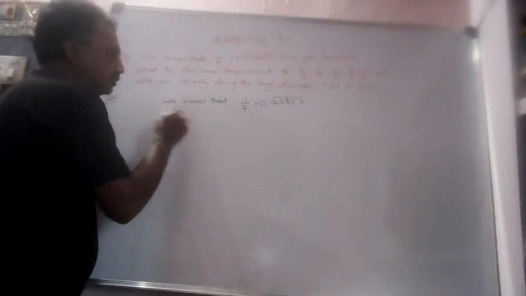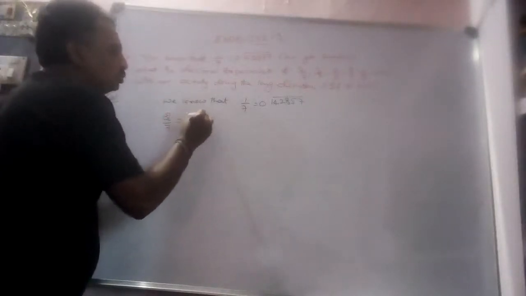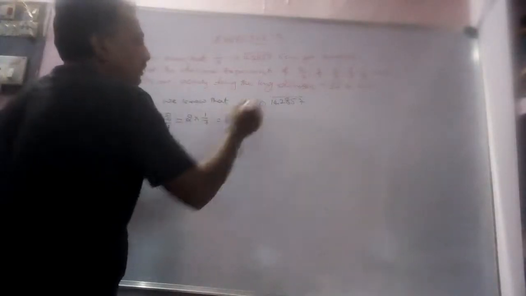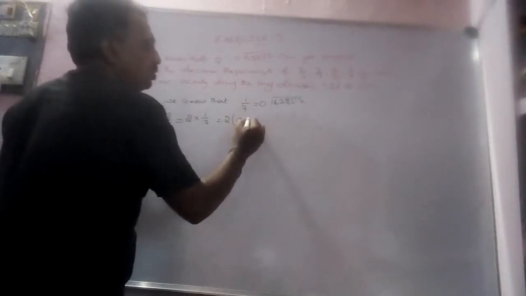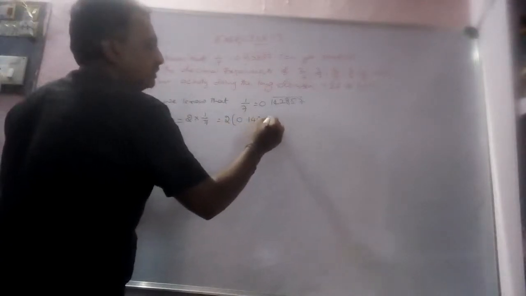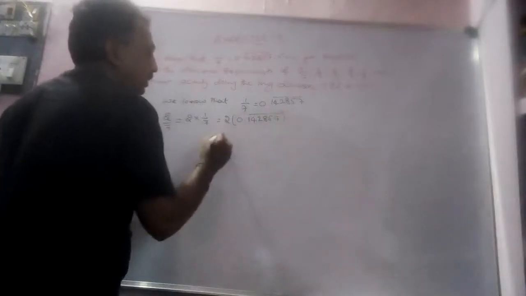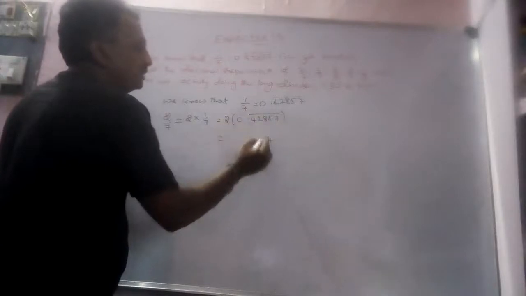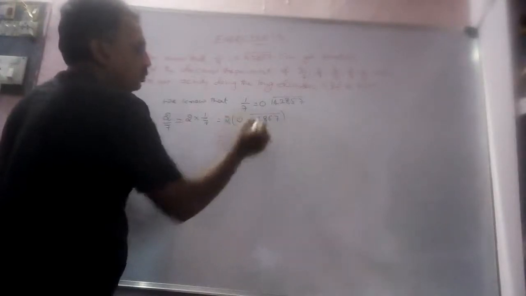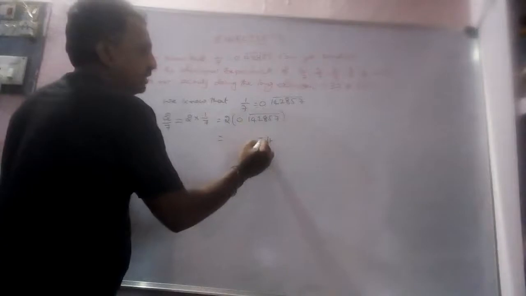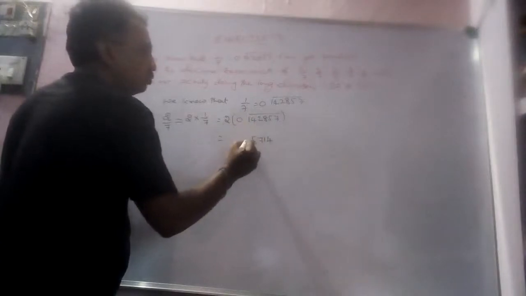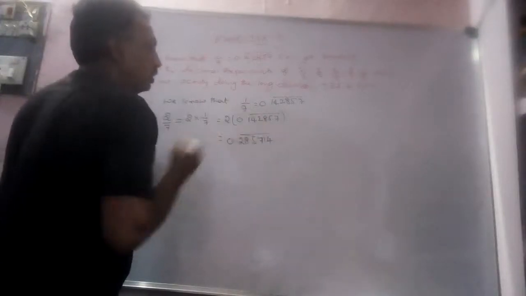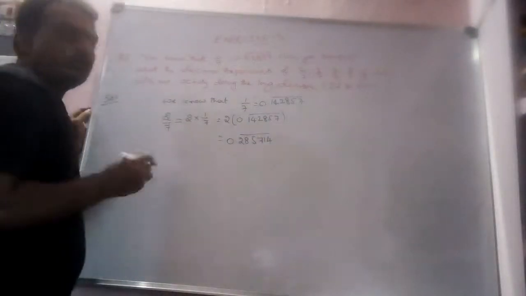2 by 7 is 2 into 1 by 7. We already know 1 by 7 is 0.142857 bar, so multiply: 2 sevens are 14, 2 fives are 10, 11, 2 eights are 16, 17, 2 twos are 4, 5, 2 fours are 8, 2 ones are 2. So 2 by 7 is 0.285714 bar.